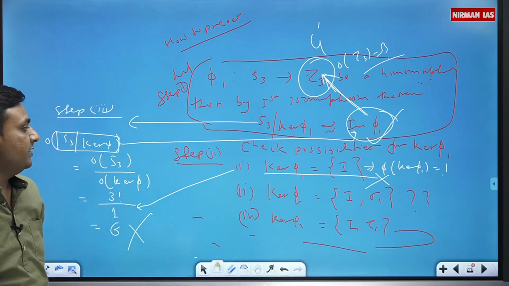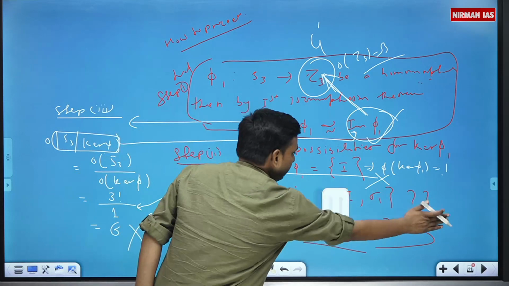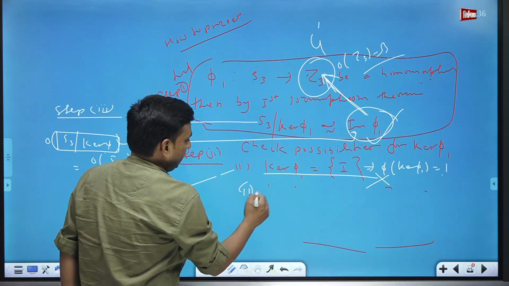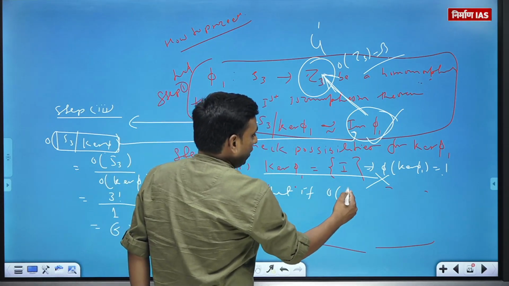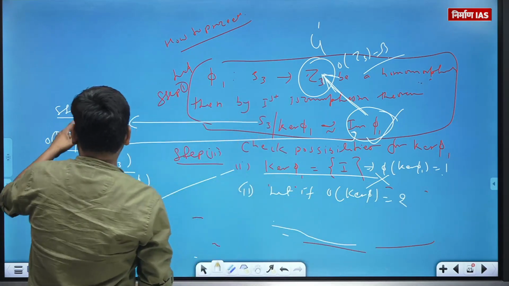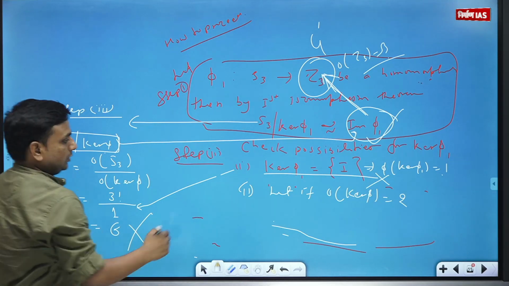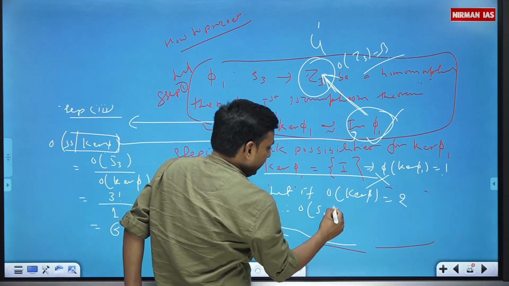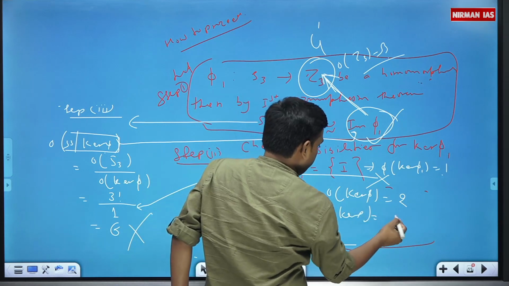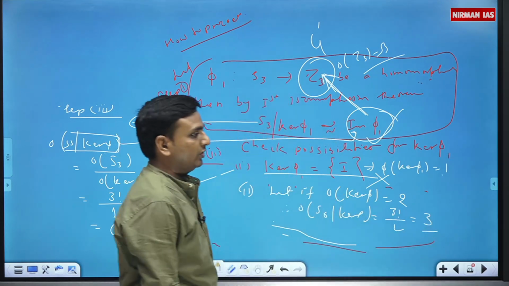In the same fashion, you can say second possibility. Let the order of kernel phi be 2. So the order of S3 by kernel phi, what will it be, dear? The order of S3 by kernel phi will be 3 factorial divided by 2, that is 3 only.